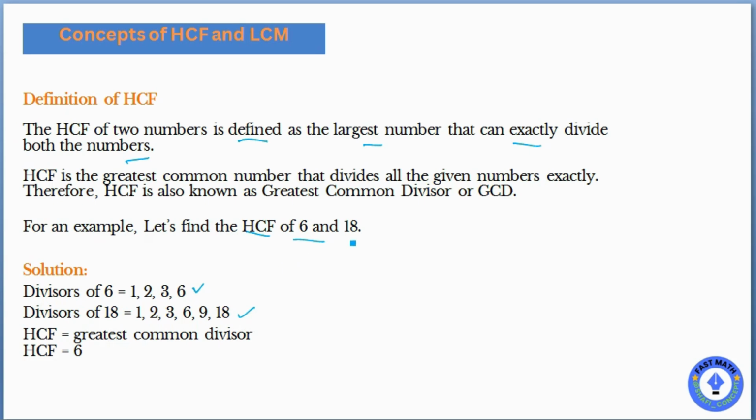In this problem, for 6 and 18, the common divisor is 6. That's why 6 is the HCF for both numbers. If you want a better elaboration of this concept, please check out our first video where you can get a broad explanation of this concept.